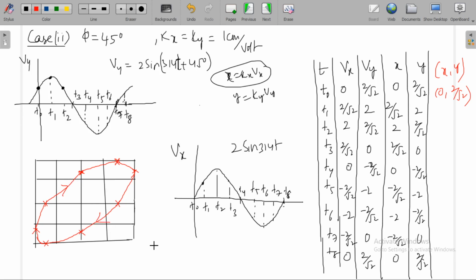This is the pattern which is observed on the screen, an ellipse, in clockwise direction for the phase displacement of 45 degrees.